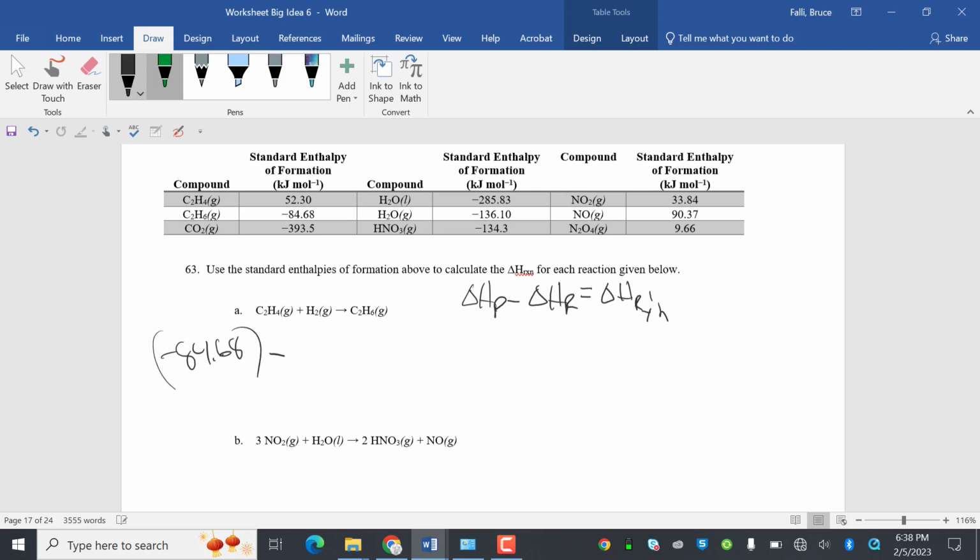Products minus reactants: C2H4, 52.30, plus hydrogen. Oh, it's an element at standard state, that's 0. So negative 84.68 minus 52.30. It's odd that that has a positive number. Negative 136.98 kilojoules.